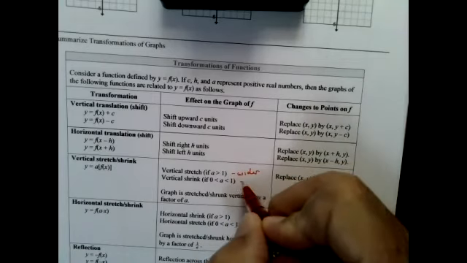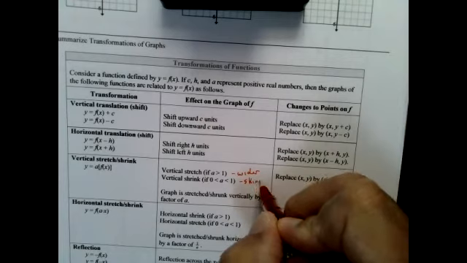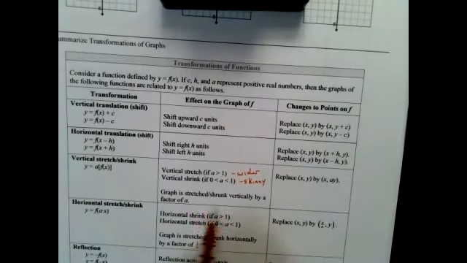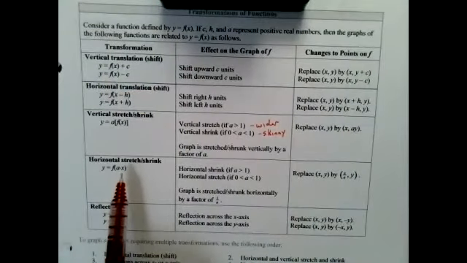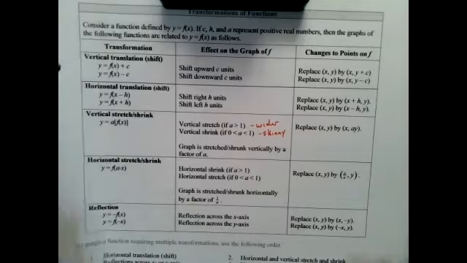When it was less than 1, it was skinny. And if it was a negative, it got flipped. We talked about the horizontal inside of here. And then finally, we talked about that reflection. Reflect over the x-axis or reflect over the y-axis. So like I said, most of the time reflect over the x-axis.